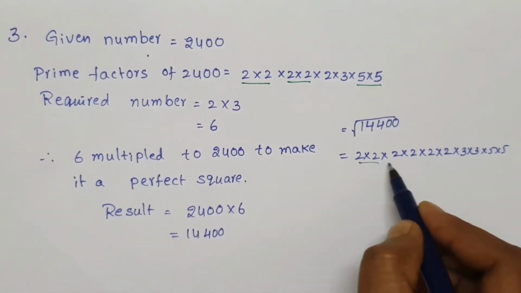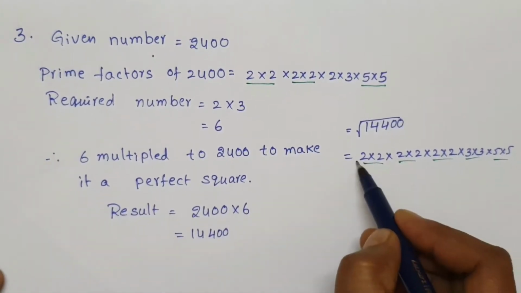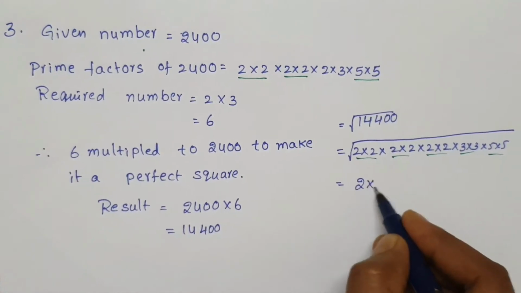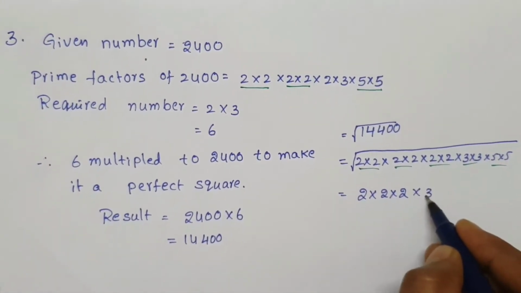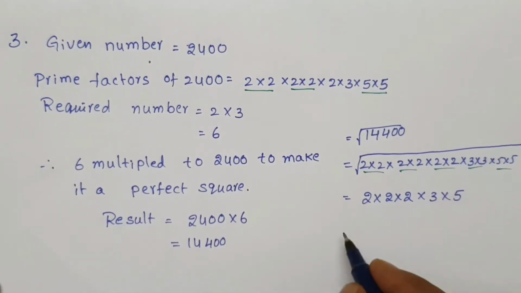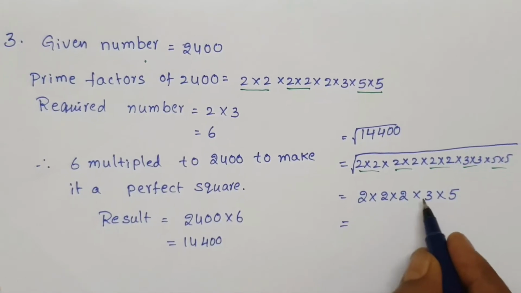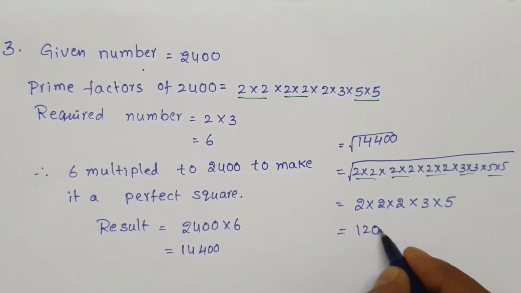Now pair this one total. In that do square root. 2 into 2 into 2, 3 pairs and 1 3 5. This total do multiply. 2 2s 4, 4 2s 8, 8 3s 24, 24 5s 120.